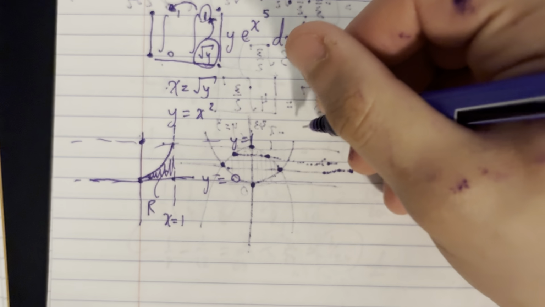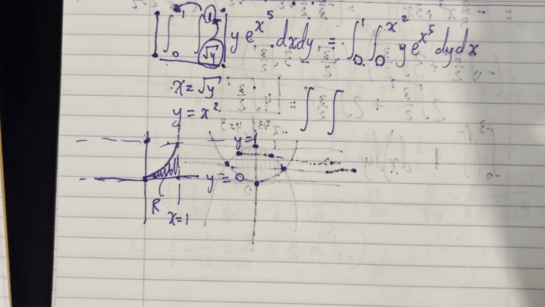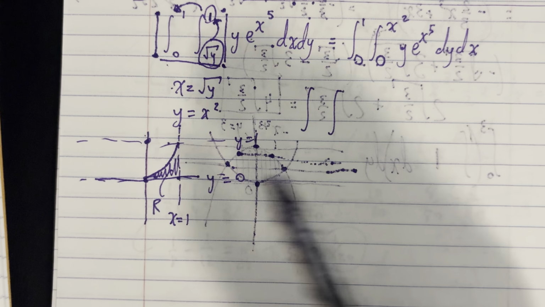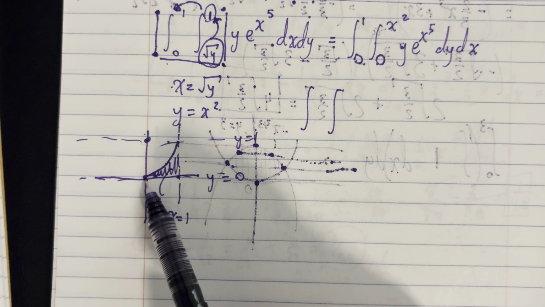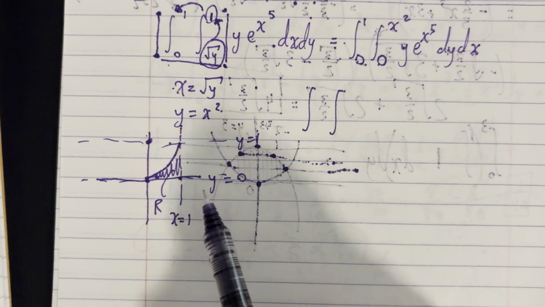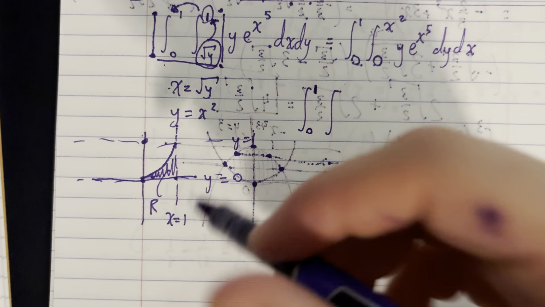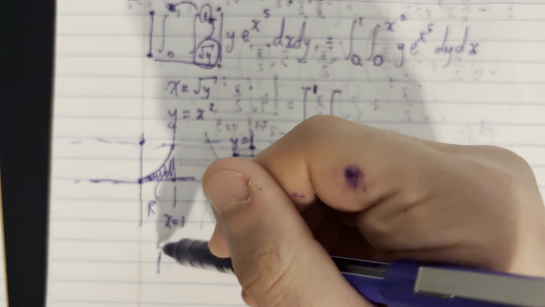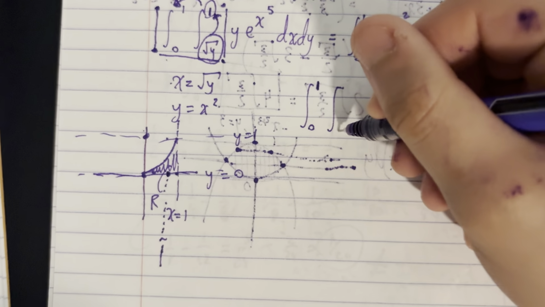Okay, so now if you want to switch the order, you want to change it to dy dx, right? So x is going to go from, what is it? It's going to start at this point right here, which is 0, and it's going to go till x equals 1. And then your y, pick your favorite y line. It's going this way. Oh, he's starting at y equals 0.